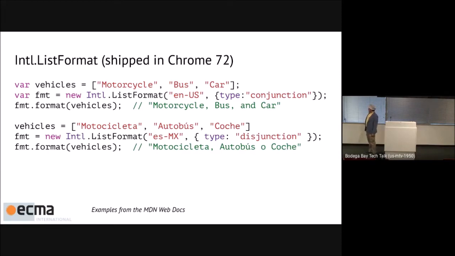In Spanish, there is actually an interesting bug that has been in CLDR for a while now for list format. It's not showing up here, but the disjunction "o" and also the conjunction "y" in Spanish change depending on the following syllable, kind of like "a" and "an" in English change.